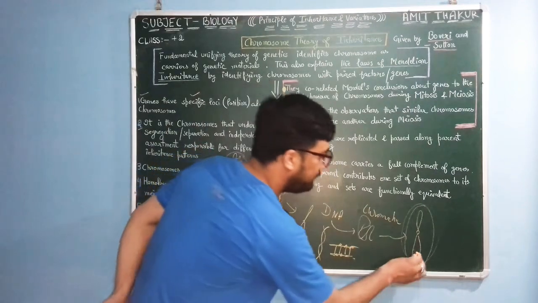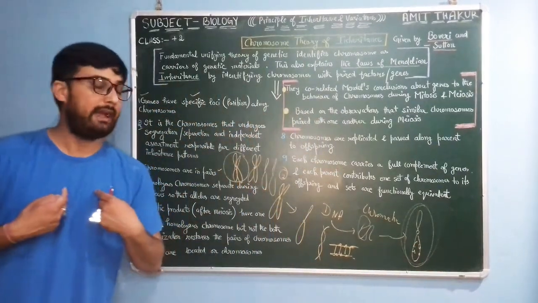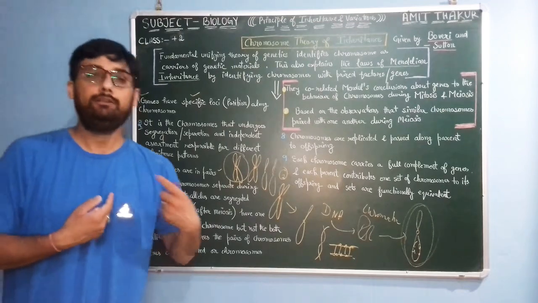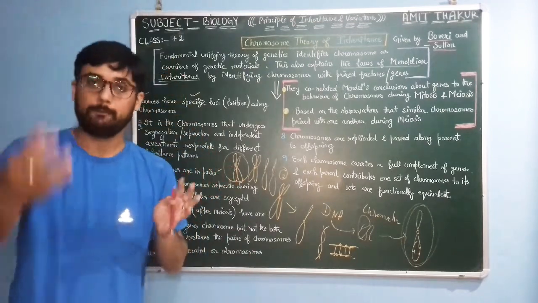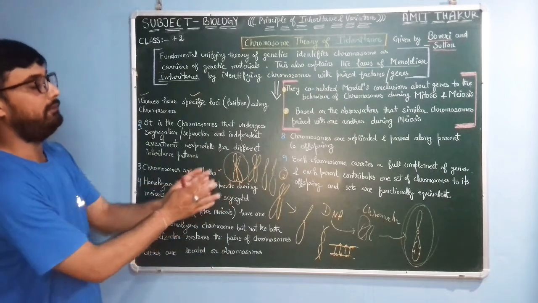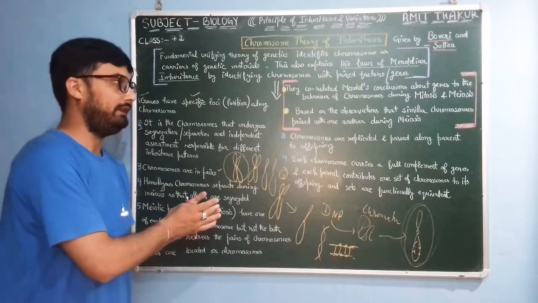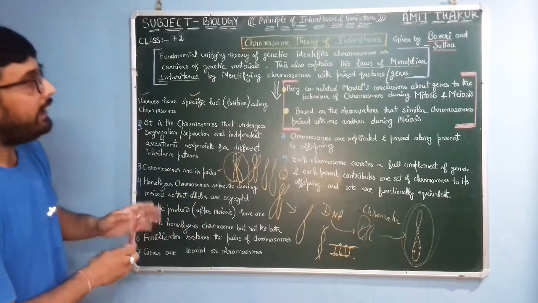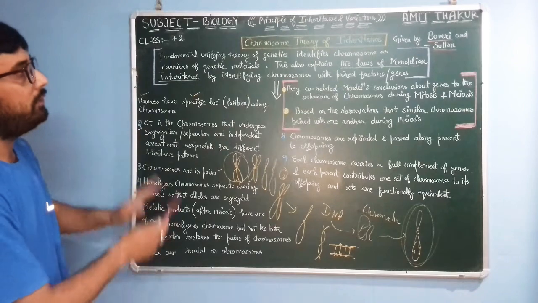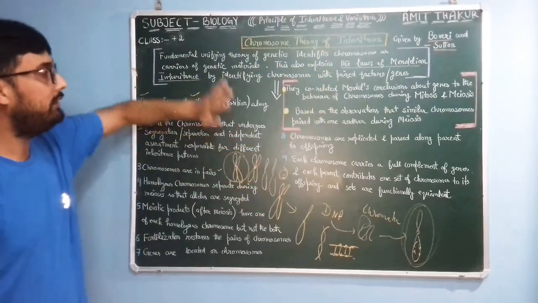Because these genes are present on chromosomes, it is the chromosome that transfers from one lineage to another, along with all these different kinds of genes which are responsible for different traits and characters and for variations. So this is all about the chromosome theory of inheritance, which was given by Boveri and Sutton.